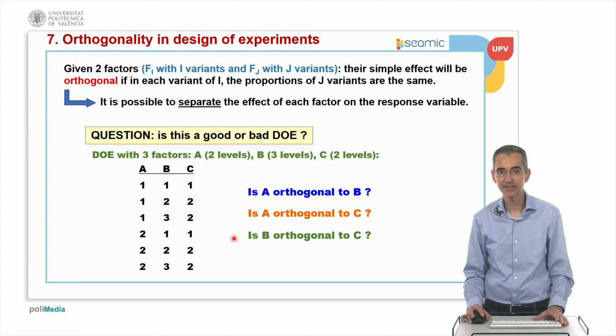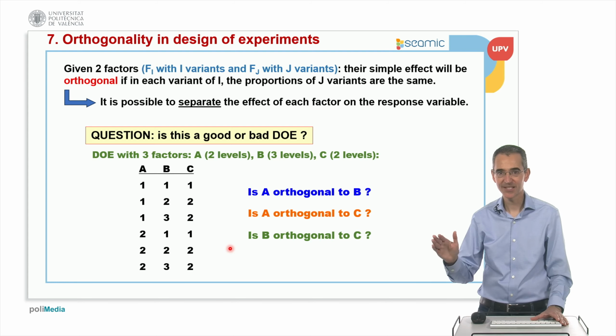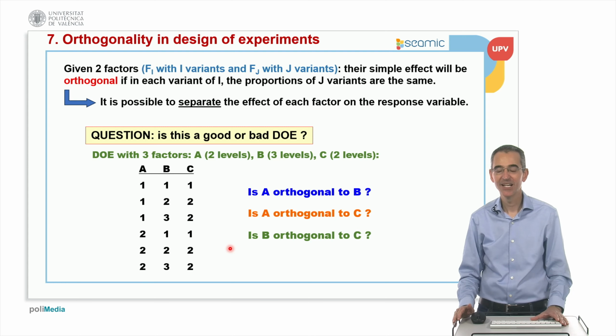So this is something that we have to check in any kind of experiment: if orthogonality is accomplished or not. In this case, is B orthogonal to C? So we have to think: B 1, the 2 is combined with 2, the 3 with 2. So I leave you this as an exercise. In this case, is that orthogonal or not? We will discuss it in the tutorial sessions.